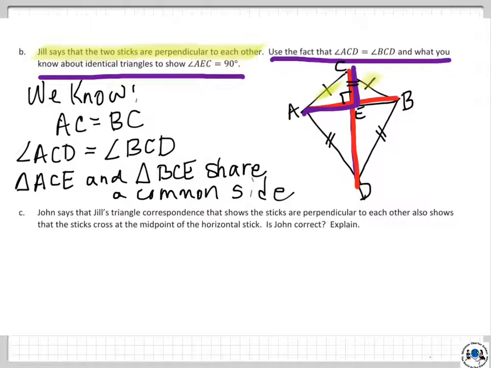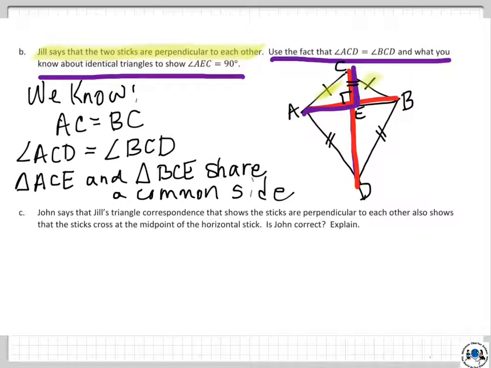So we have two sides that are equal, and we have an included angle condition. We can conclude that angle AEC is equal to angle BEC.